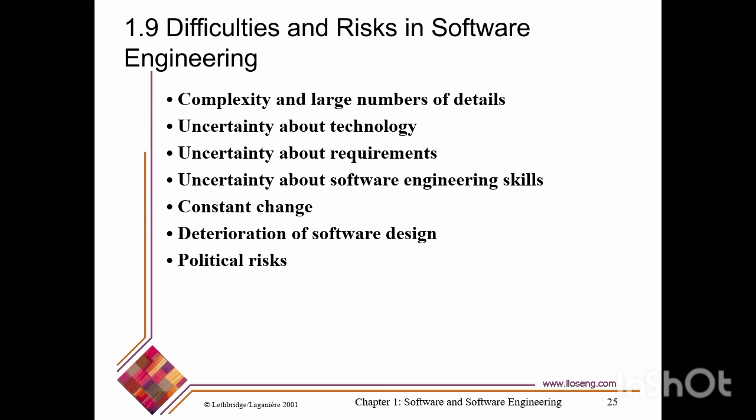Difficulties and risks in software engineering. Complexity and a large number of details, uncertainty about technology, uncertainty about requirements, uncertainty about software engineering skills. Why? Because these are changing factors. How much complexity the system has depends on the volume of the system, which is large. Regarding uncertainty of technology, today's technology may change or have lower priority tomorrow.